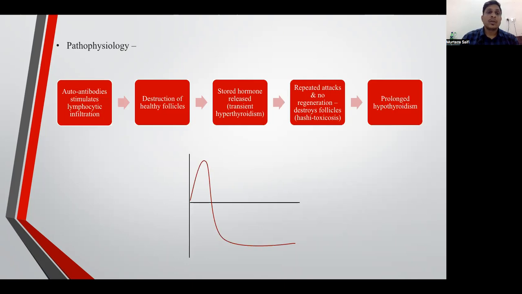Now pathophysiology: autoantibodies stimulate lymphocytic infiltration, destruction of the healthy follicles, stored hormone release causing transient hyperthyroidism, and repeated attacks with no resolution destroy follicles, causing Hashitoxicosis and prolonged hypothyroidism.